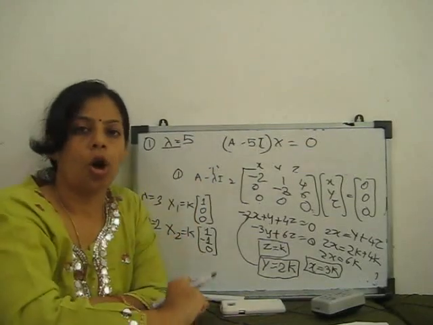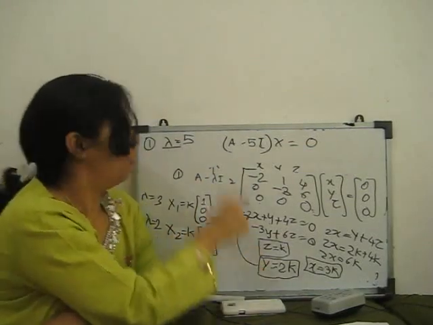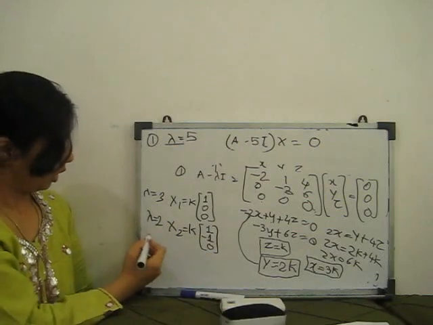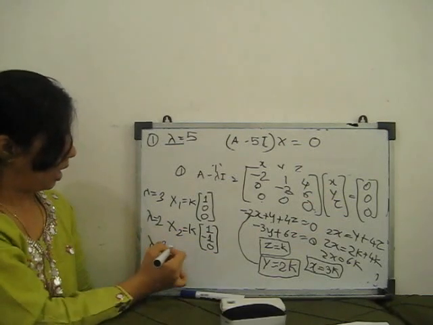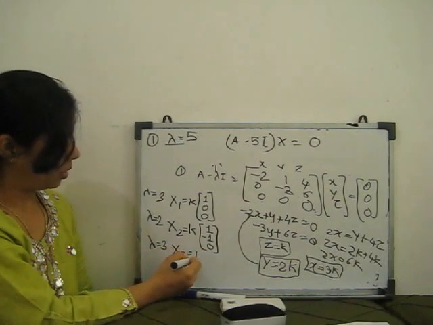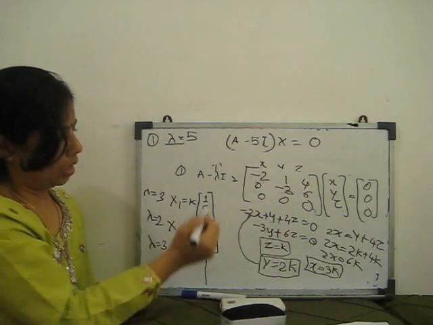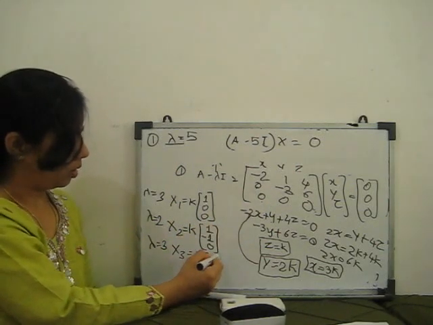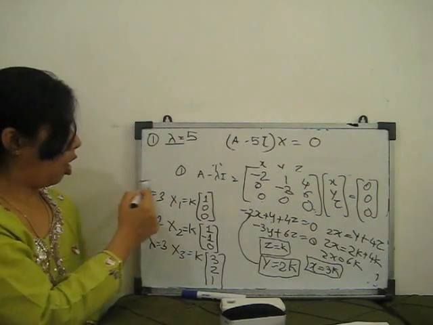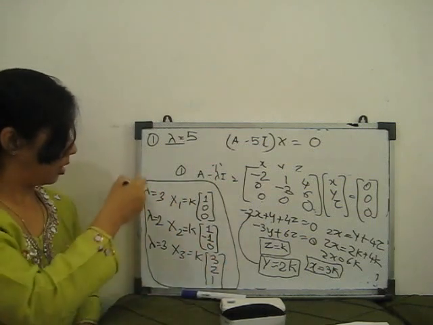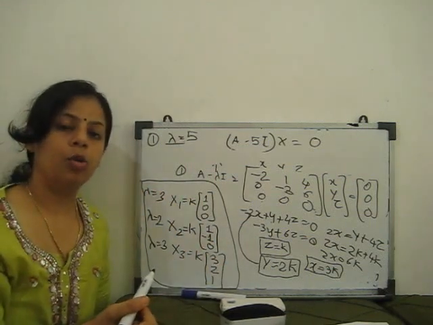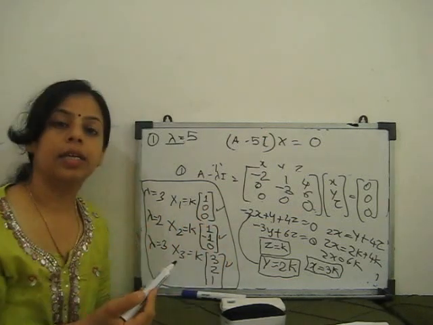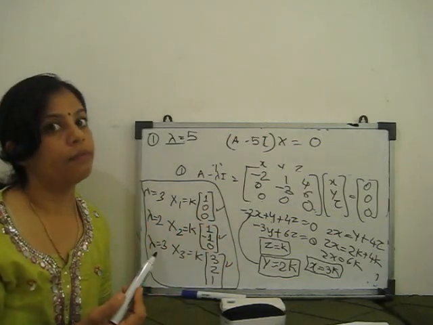This is our corresponding vector for λ = 5. So our third vector x3 gives k outside, (3, 2, 1). So for all distinct eigenvalues, we find three distinct linearly independent vectors.